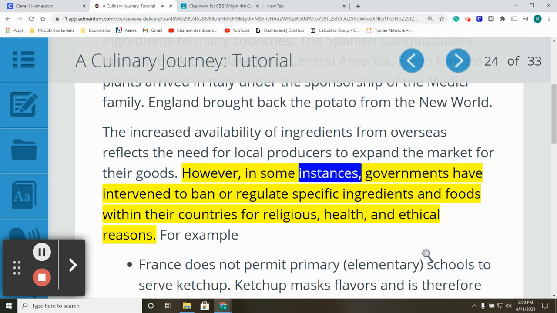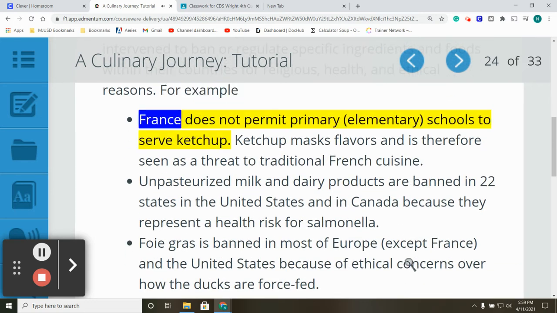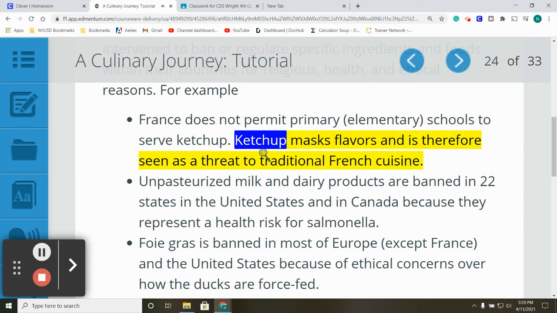However, in some instances, governments have intervened to ban or regulate specific ingredients and foods within their countries for religious, health, and ethical reasons. For example, France does not permit primary, elementary, schools to serve ketchup. Ketchup masks flavors and is therefore seen as a threat to traditional French cuisine.